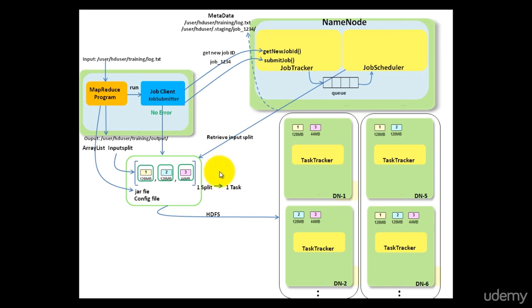For each split, a map task is created. Our job has 3 splits, so 3 map tasks are created here. This is how processing of data is divided into tasks. Instead of a single task processing the whole data, multiple tasks are created to process the data across the cluster. This is a huge performance gain, and it is the core of Hadoop.